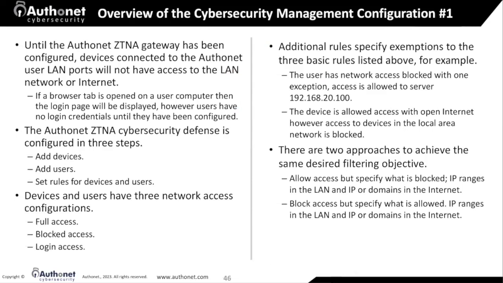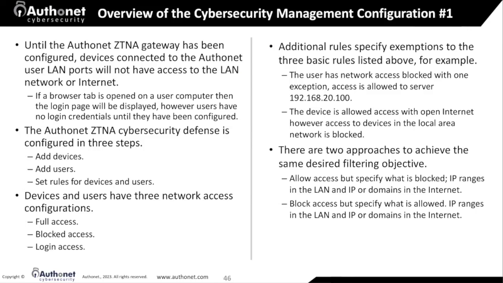Now, until the Authonet gateway is being configured, no devices or users can access the network. And so it's necessary to go through the configuration process. We first add devices, then we add users, and then we set the rules for the devices and users.